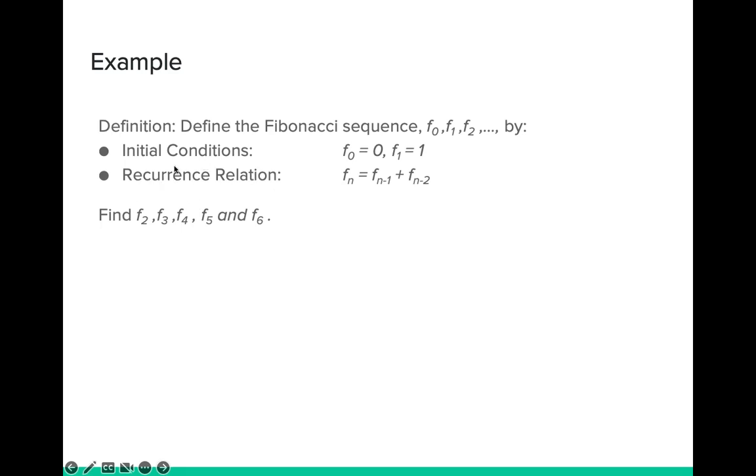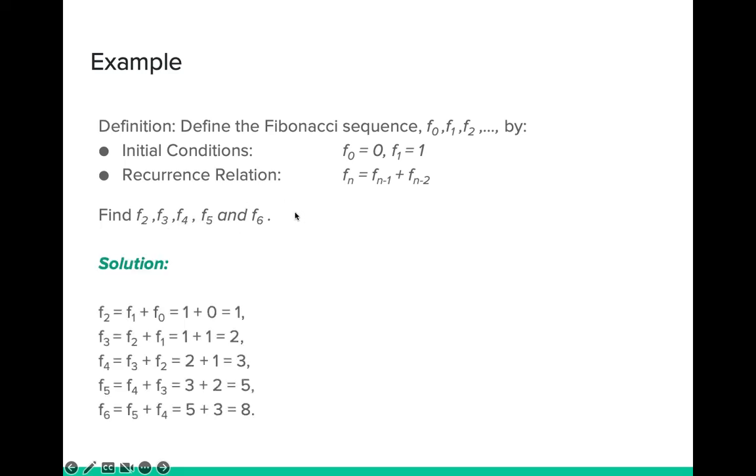The Fibonacci sequence is expressed in this equation: F sub n equals the sum of its two previous terms, F sub n minus 1 and F sub n minus 2. Let us try to find F sub 2, F sub 3, F sub 4, F sub 5, and F sub 6.